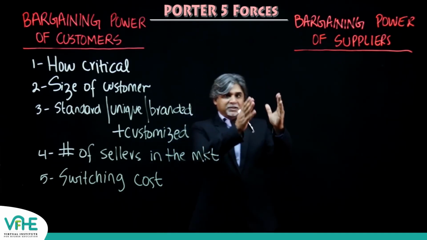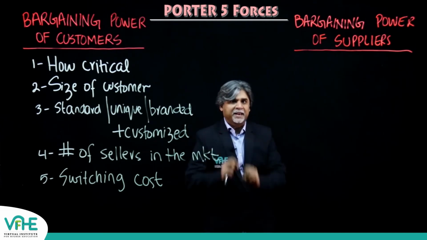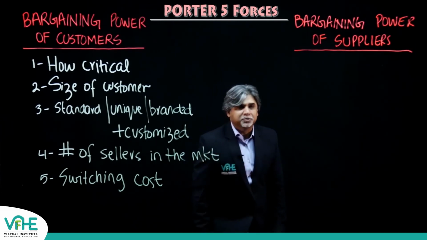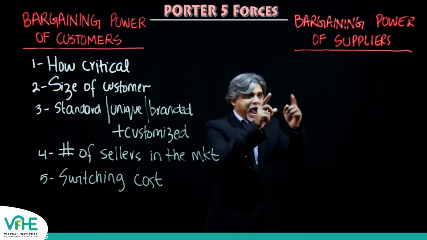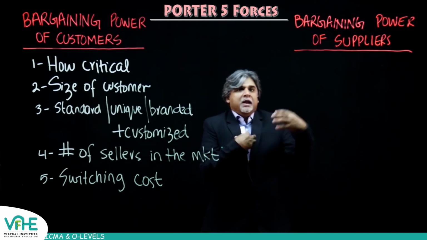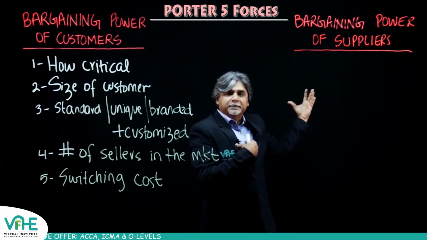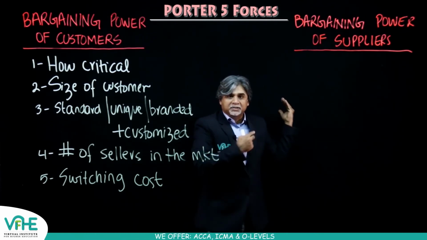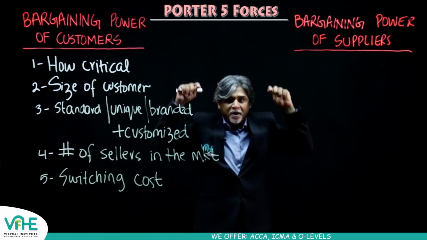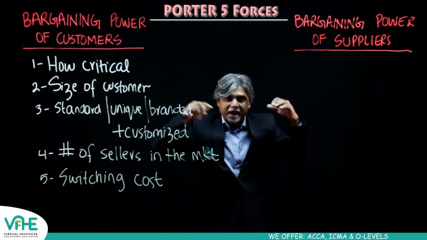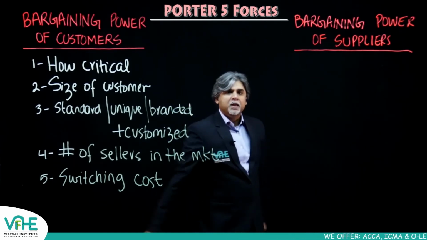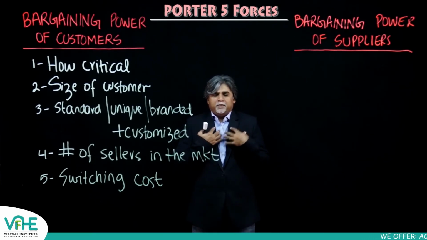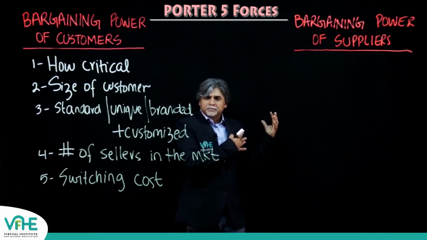So, without confusing you guys, can I say I am a customer and he is my supplier? In this situation, bargaining power of suppliers, I am wearing the hat of a customer and dealing with my suppliers.